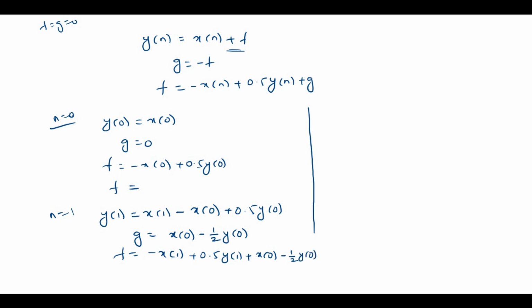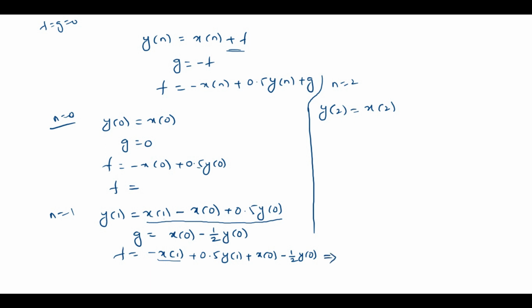Clear? Now see at n is equal to 2, in the third case, y of 2 is equal to x of 2 plus f. Now see here this whole part: minus x of 1 plus x of 0 minus 1 by 2 y of 0 plus 0.5 y of 1.